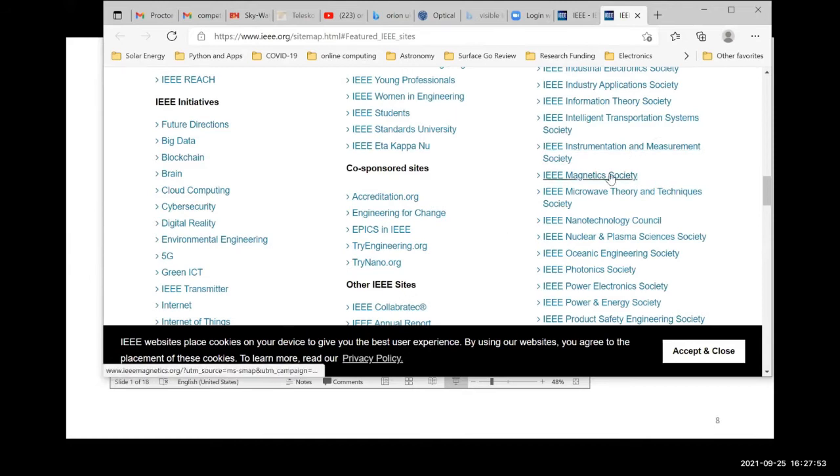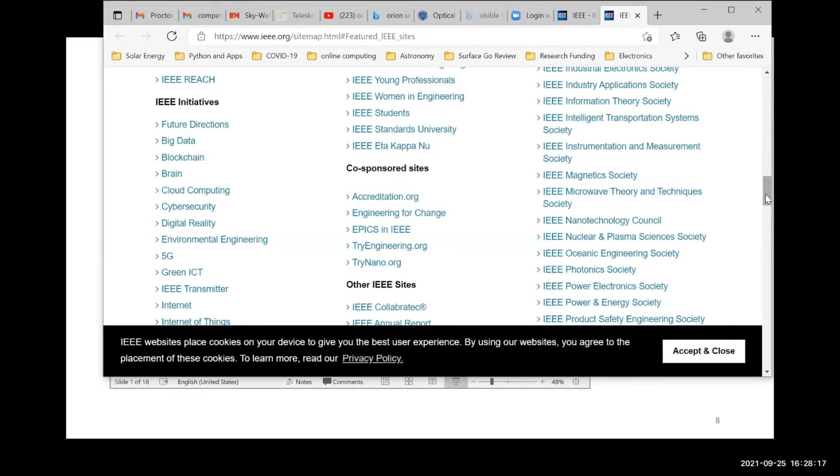By the way, there is another organization called the IET, the Institution of Engineering and Technology. Initially, it was the IEE, the Institution of Electrical Engineers, which is in the UK, whereas the IEEE headquarters is in New Jersey, US. Anyhow, the IET and IEEE have a lot of collaborations.